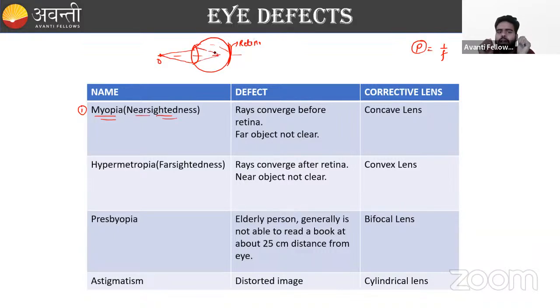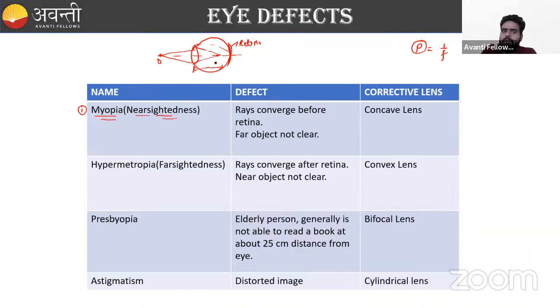That's why he or she can't see a clear image. A clear image is only noticeable when the image is formed at the retina, but the image is formed before the retina, so he can't see the image clearly.